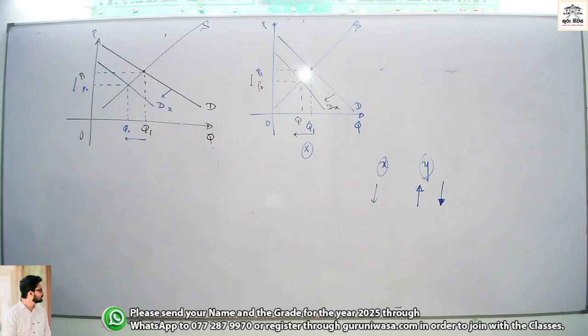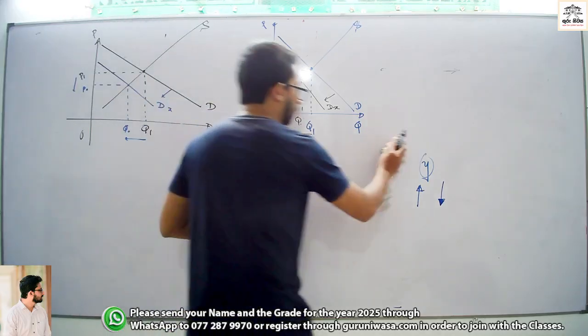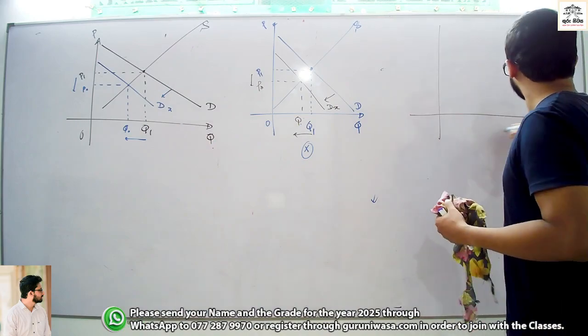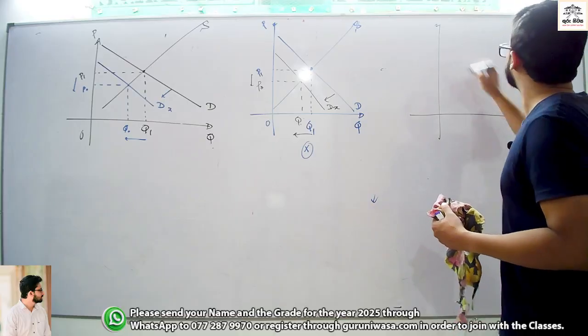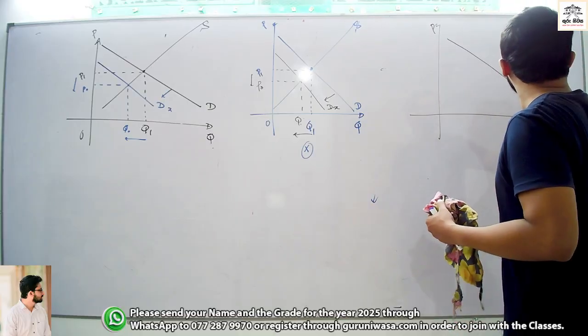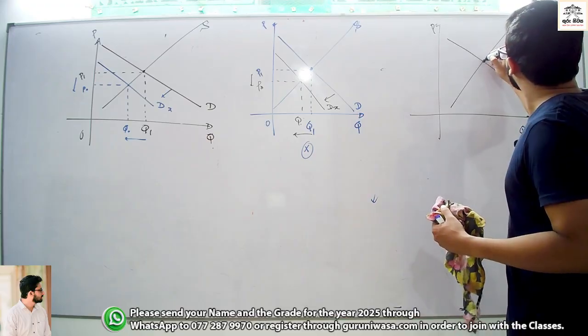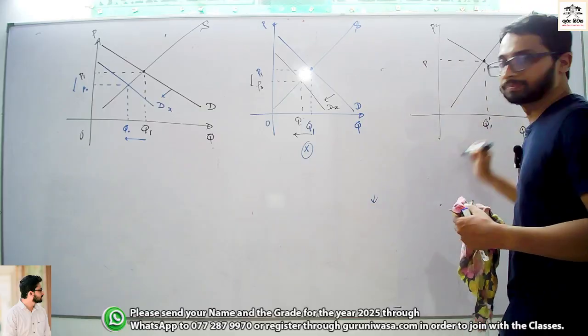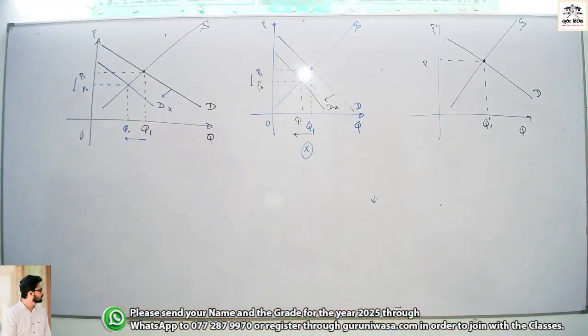Okay, Lamai. Next one, be careful, Lamai. An increase in consumer income and good X is a normal good. Good X is a normal good. Increase in income.